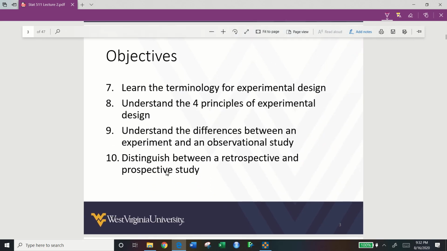We learned the terminology used in experimental designs. We learned the 4 principles of experimental design, and we learned about the difference between an experiment and an observational study. Ideally, experiments are better than observational studies, but they're not always possible. Same as it would be better to do a prospective study than a retrospective study, but money and time don't always allow that.